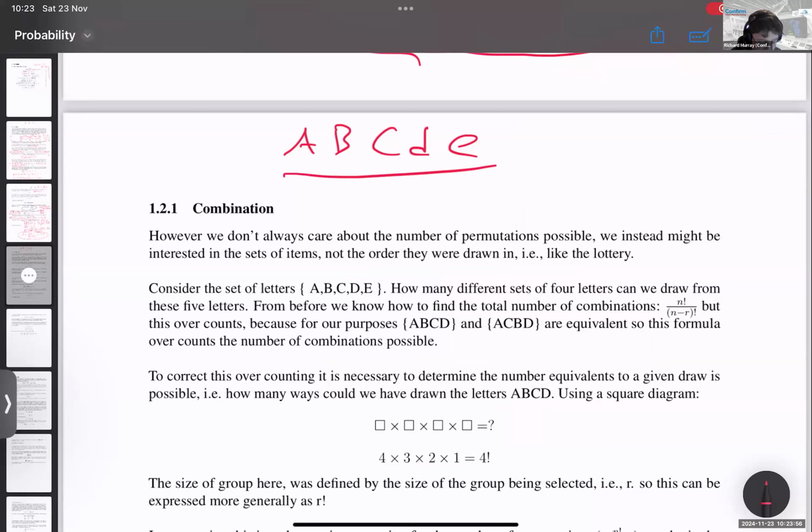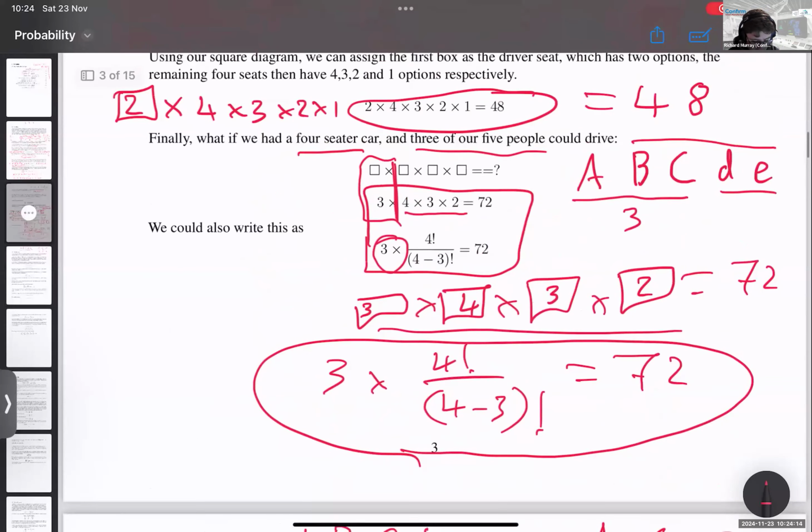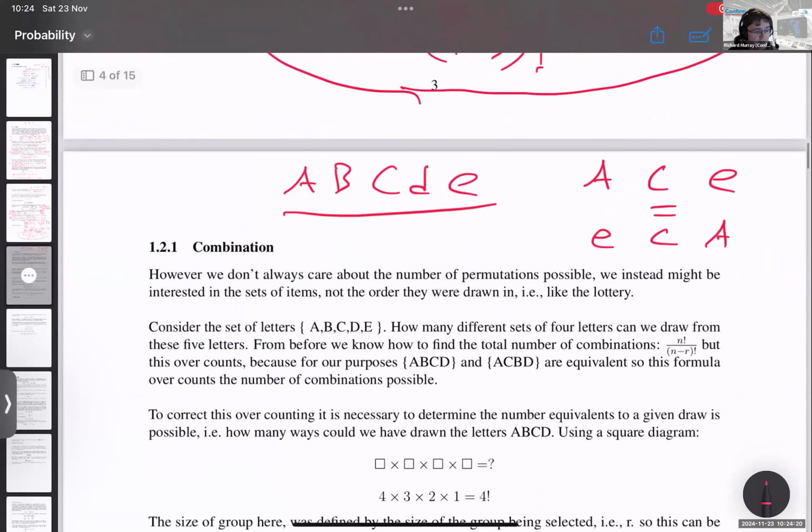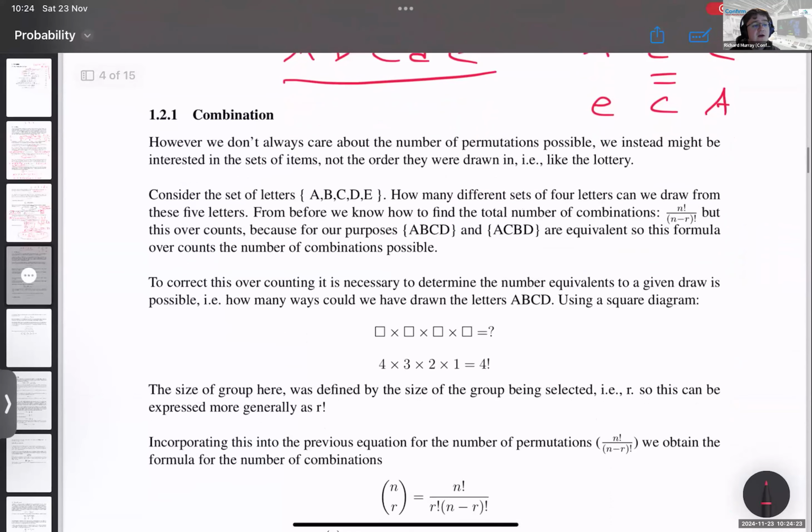So if I was trying to take a set of 3 people from here, and I selected person A, C, and E, I don't really distinguish between drawing them as E, C, and A. To me, these are equivalent setups. So our permutation calculation is counting the number of ways that we can draw them in order. However, in reality, we don't care too much about the order that we drew them in. We care about the final selection of people.